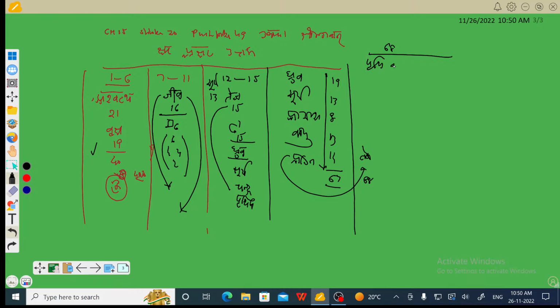Prithvi is 25, Apa is 8, Agni is 14, Vayu is 13, and Akash is 8. Summation value is 68.